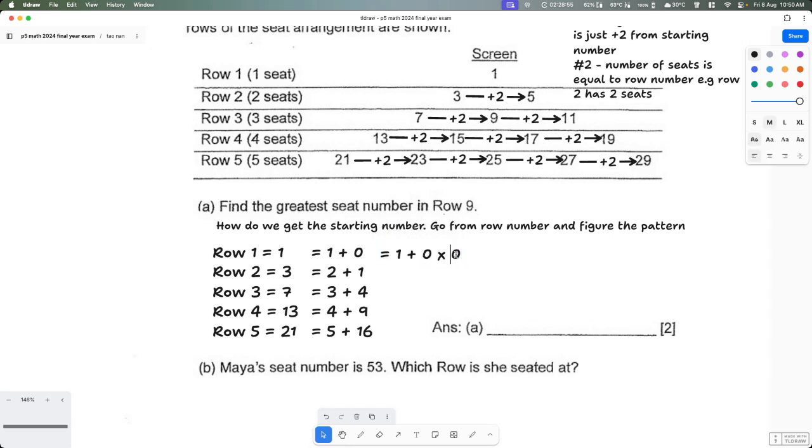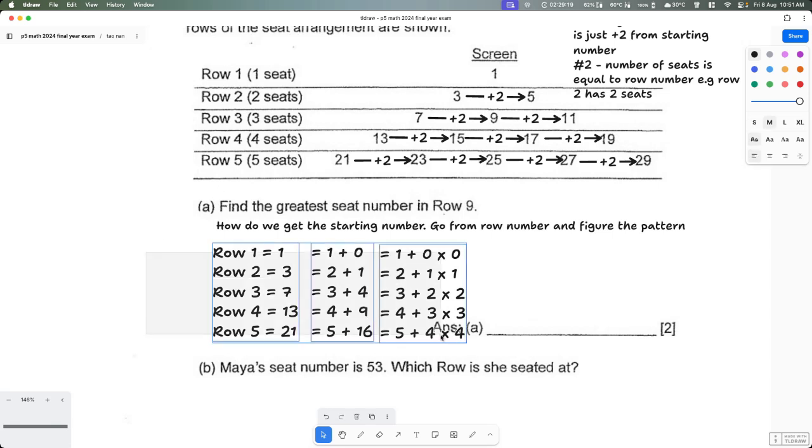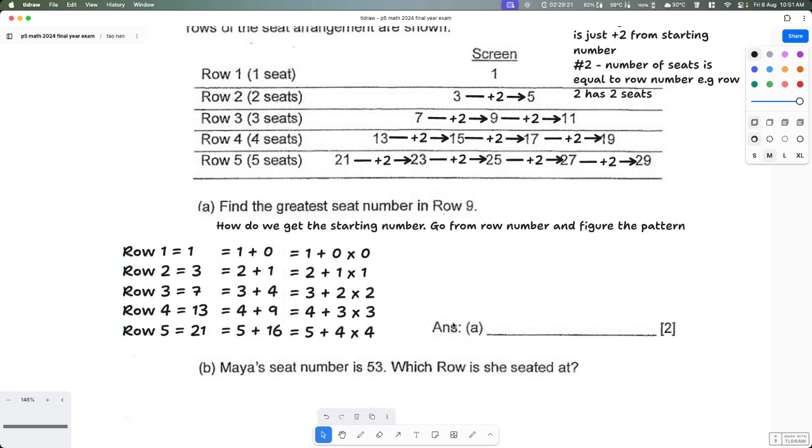Then the next one is 2 plus 1 times 1, and then 3 plus 2 times 2, and then 4 plus 3 times 3, and then 5 plus 4 times 4. Hopefully now this makes sense.